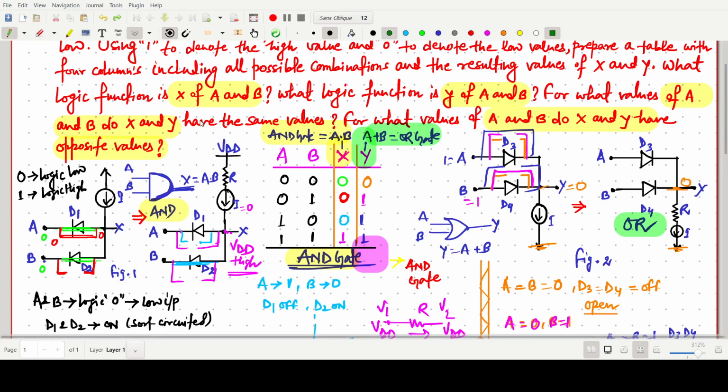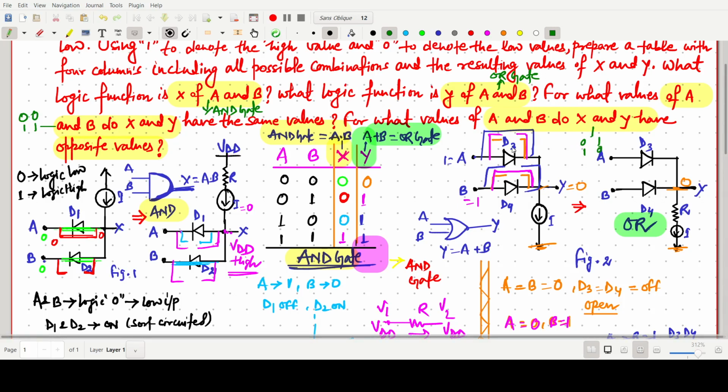I am taking a lot of time, but it is necessary to discuss step by step. This one is the AND gate that we have covered, and this one is our OR gate. For A and B having the same value, the common inputs are 0 0 and 1 1, and for different values, the inputs are 0 1 and 1 0.